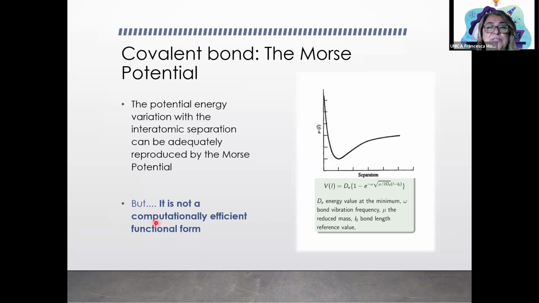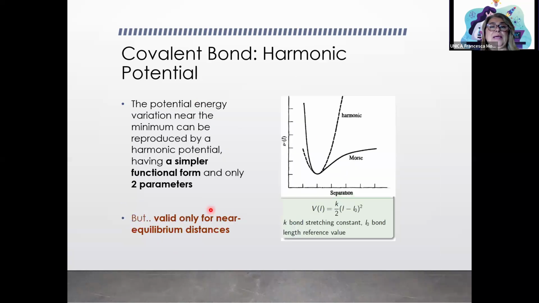But the problem with this expression is that it's not computationally efficient. A simpler functional form that can be used to represent the variation of the energy with the variation of the interatomic distance when we are at a separation near the equilibrium value is the harmonic potential that is represented here.